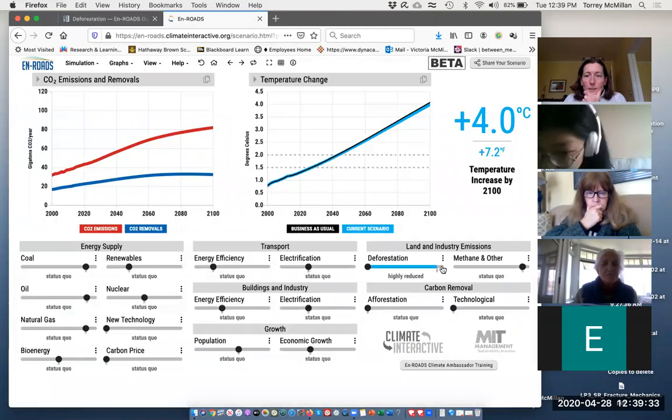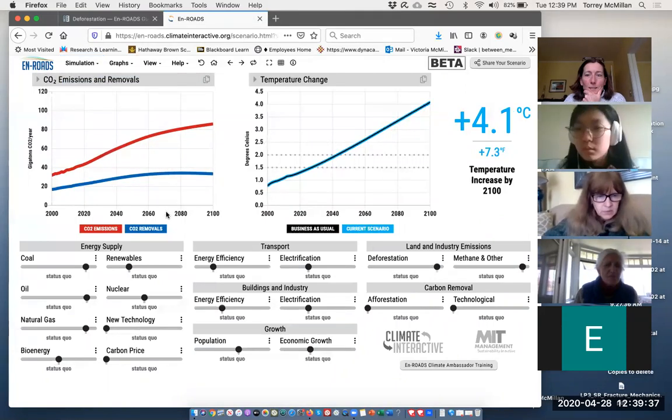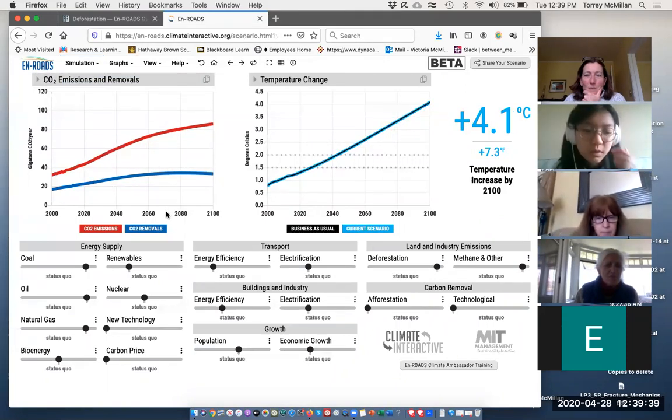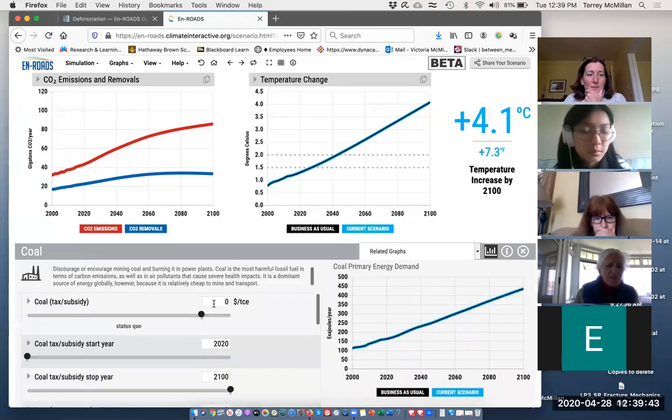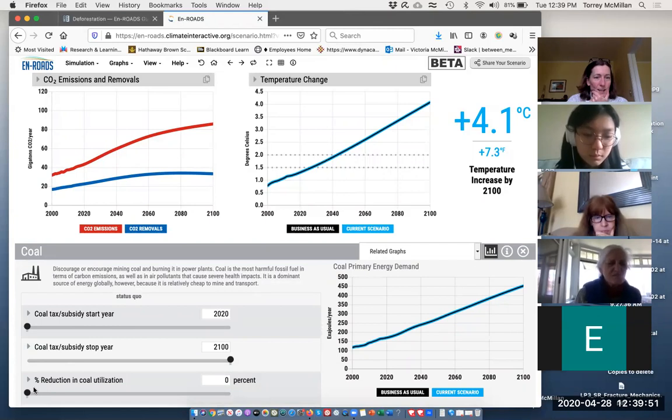All right. Any other scenarios people are curious about? Can we reduce coal? We could reduce coal. Do you want to do it through a tax, or do you want to just say we're going to reduce it by a certain percentage? Let's do it by reducing it by a certain percentage.